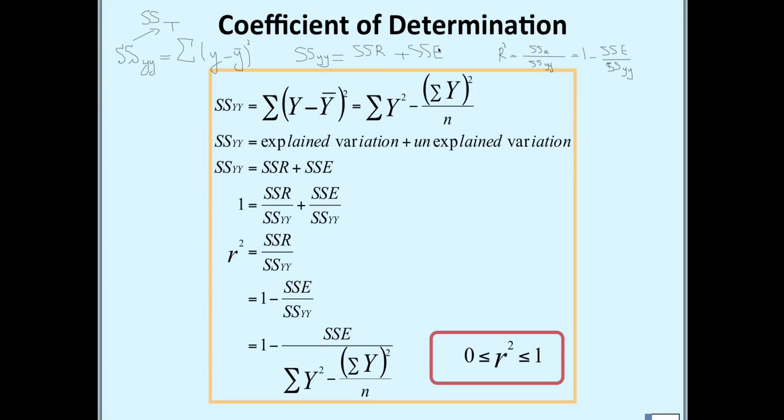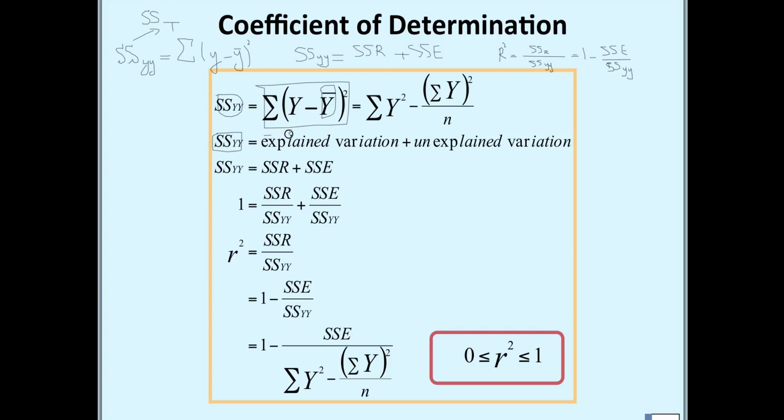To show it more formally, SSY is the total error that exists. That is, if you would predict y bar for every single observation. That is the worst you can do. If you just do the math, it is sigma y squared minus (sigma y) squared divided by n. That is the total variation that exists in your model.